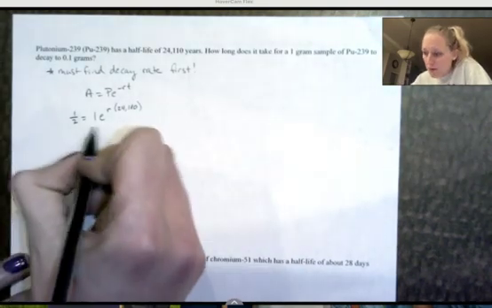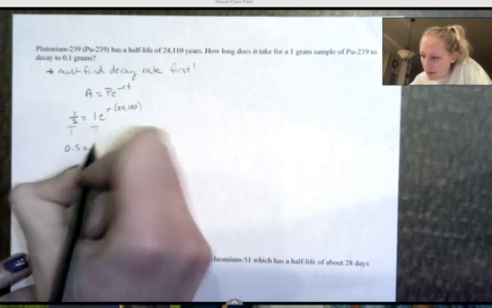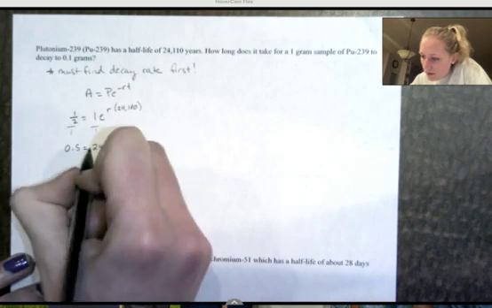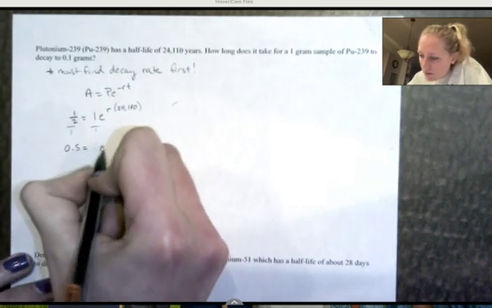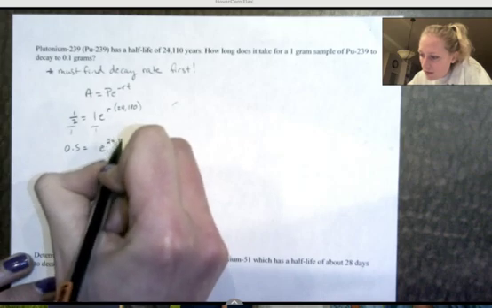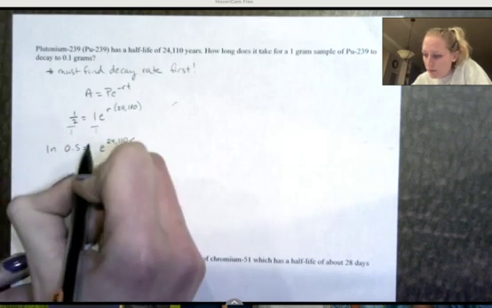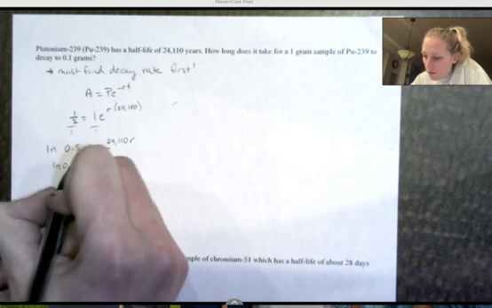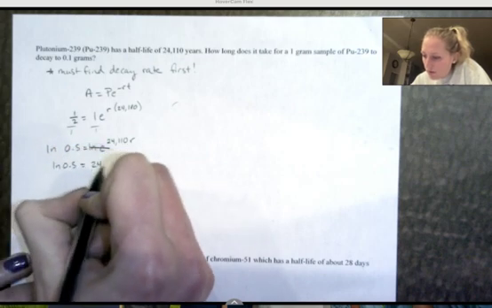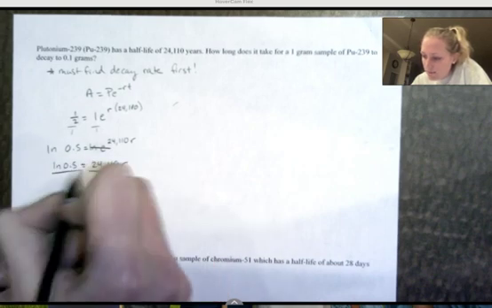Okay, so if I divide 1/2 by 1, we still have 1/2 or 0.5 equals E raised to the 24,110 r. Okay, so now I need to get rid of e, so we're going to take the natural log of both sides. So natural log and e cancel. So I have natural log of 0.5 equals 24,110 r. So we're divided now by 24,110.